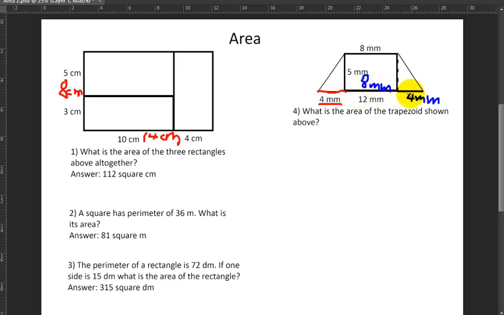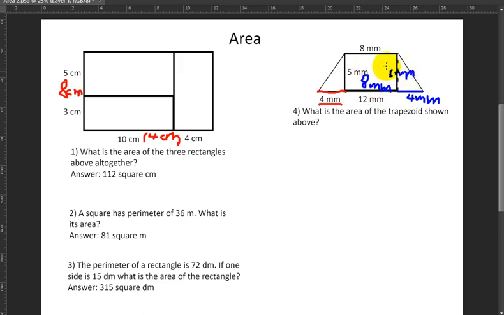So you need to think, how much do I have to add to 8 to make it 12? The answer is 4. So now we know that this blue part is 4 millimeters. This thing here is 8 millimeters. This side is 5 millimeters. And of course, because it's a rectangle, this side is also going to be 5 millimeters.